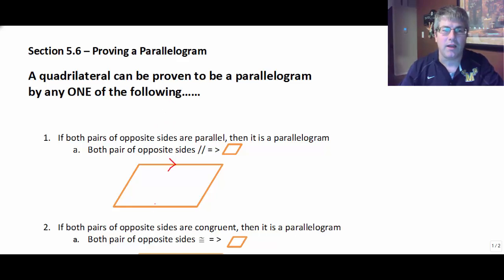So if we get our diagram, our 4-sided figure, our quadrilateral, to look like that, that's all we need. We've got ourselves a parallelogram, and this would be the reason that you would use in proof. Both pairs of opposite sides parallel implies parallelogram. Done. You get that, you've proven it.